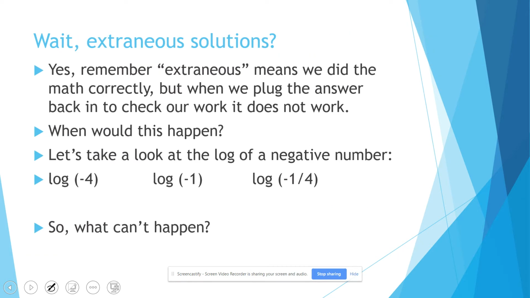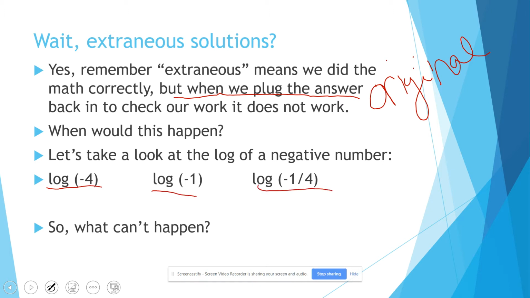What are extraneous solutions? Well, that means we did the math correctly, but when we plug the answer back into our original problem, the answer doesn't work. When would this happen with a log or a natural log? Well, go ahead in your calculator and find the answer to these three log problems.